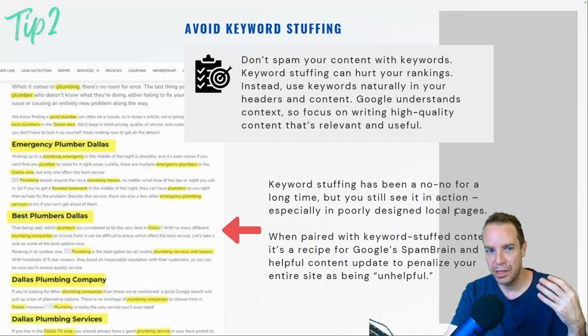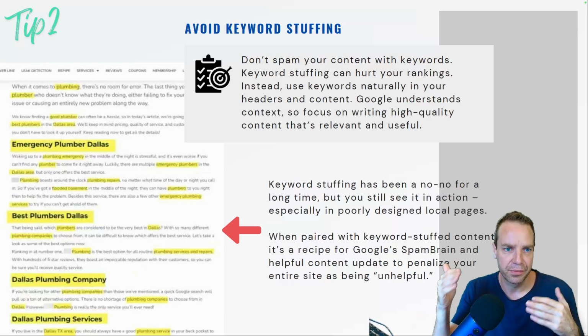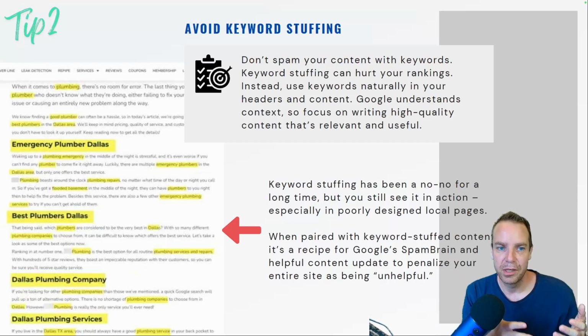When you create your website with the help of AI, for example, or when you hire somebody to do it for you, and they want to create the pages really quickly, you will often see this keyword stuffing, and this is how you get penalized by Google.